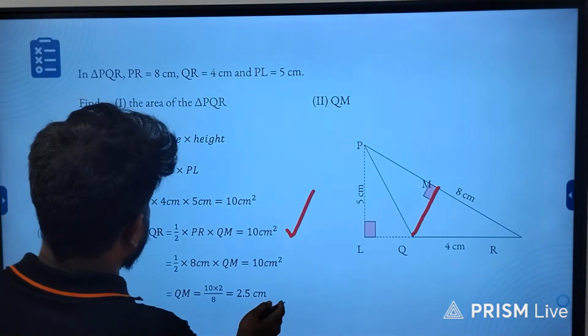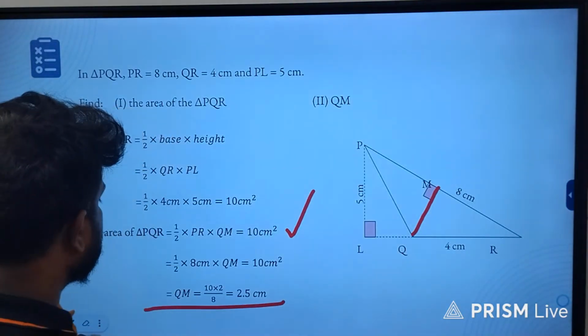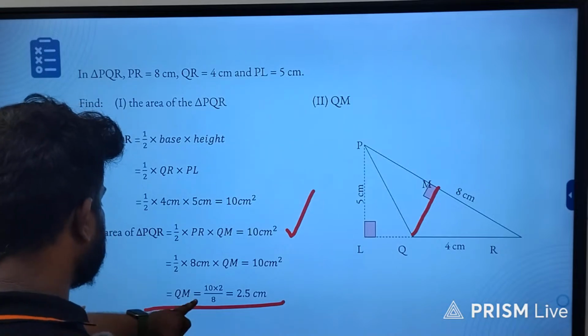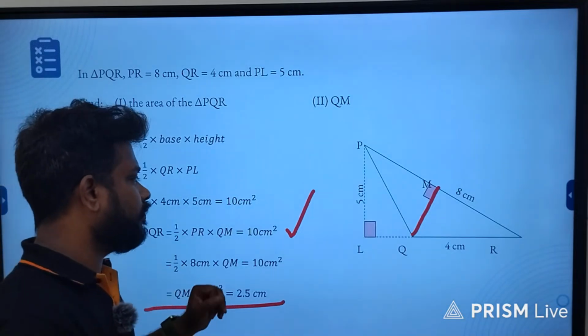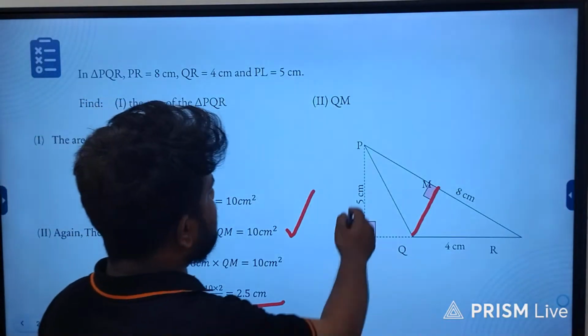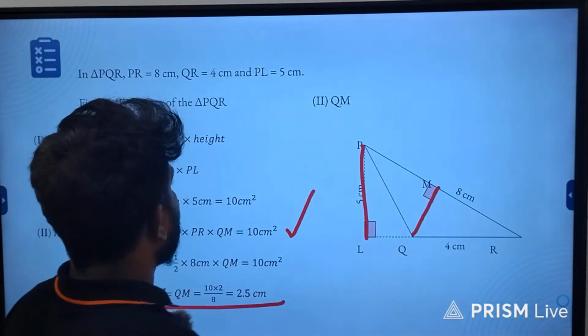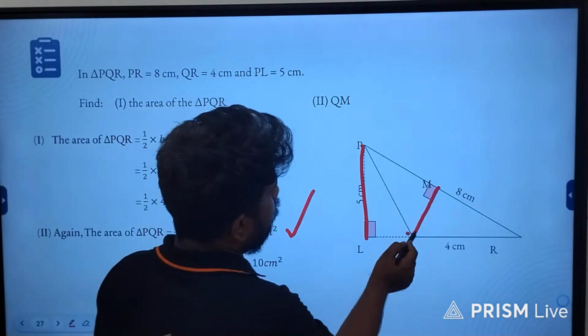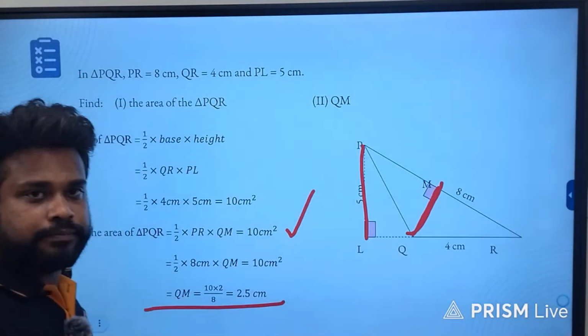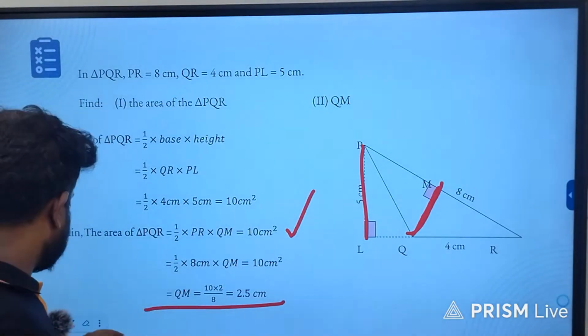So from that we will get the value of QM. QM equals 2.5. So it has been done like this.